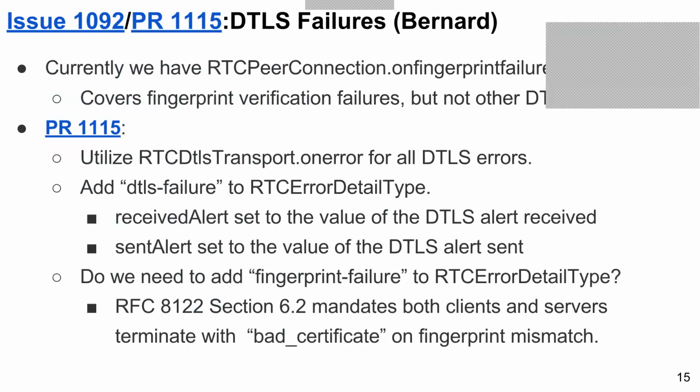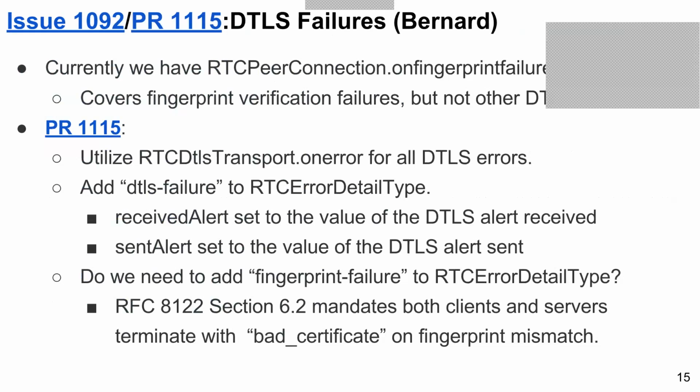The first step of that is to add a DTLS failure to the RTCErrorDetailType, with a value of DTLS alert received for an alert that's received and DTLS alert sent for an alert that's sent. I guess another question would be, do we need to add a distinct fingerprint failure to the RTCErrorDetailType?